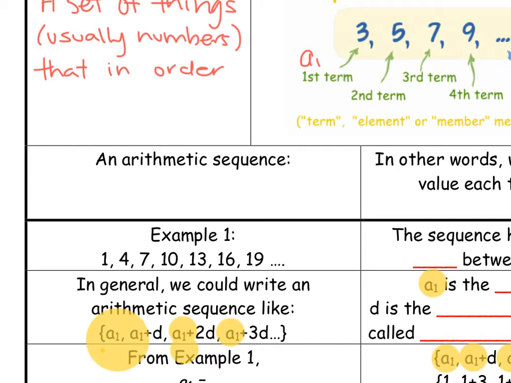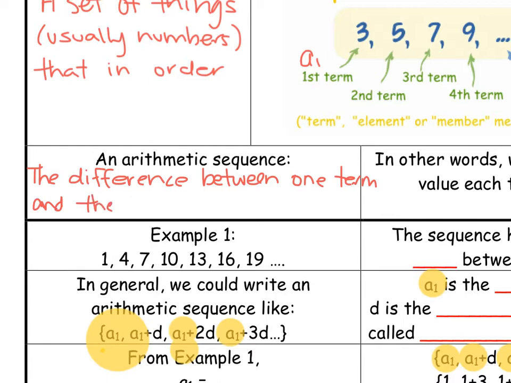So we're going to look at an arithmetic sequence. And an arithmetic sequence just means that the difference between one term and the next is constant, and that's why it's in this unit on linear functions, because it has a constant rate of change.